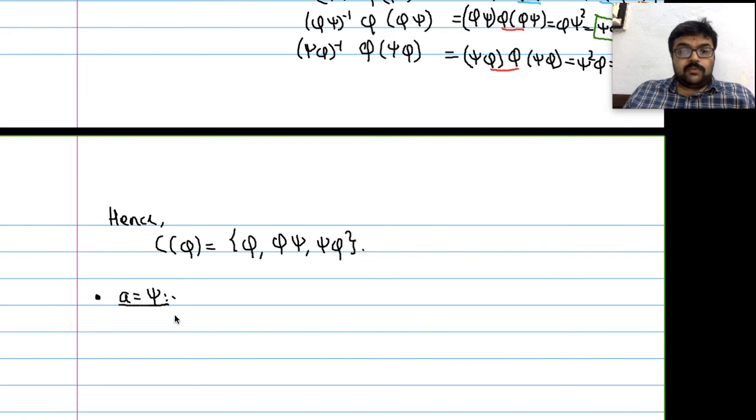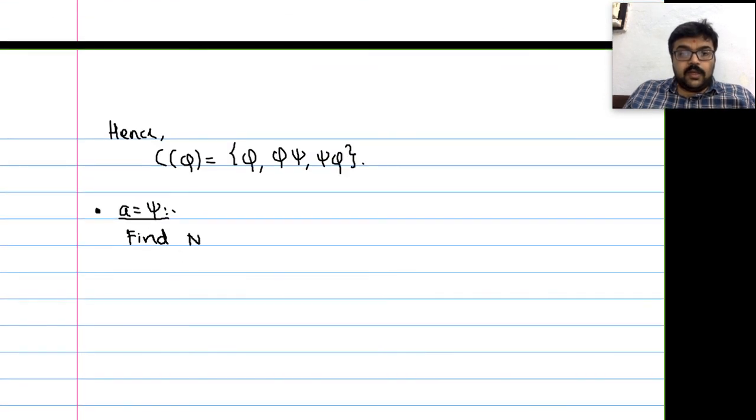So evaluate, compute, or find N psi, which I have written in my notes somewhere. Let me check and write. So N psi is what I am getting: E, psi, psi square. I have not written it out, I'm just writing.